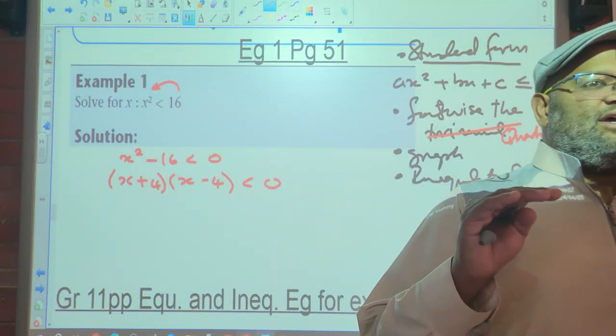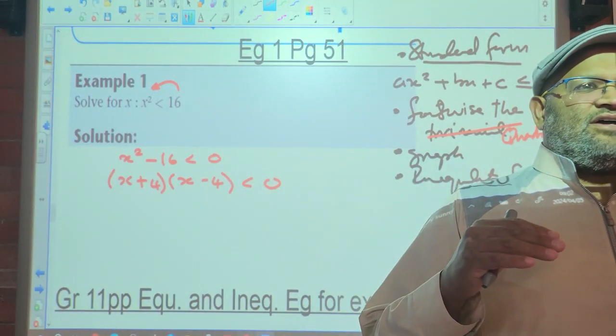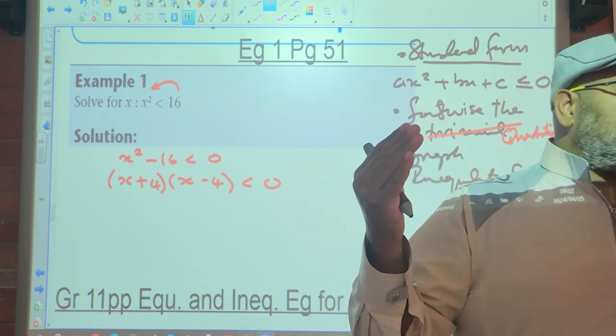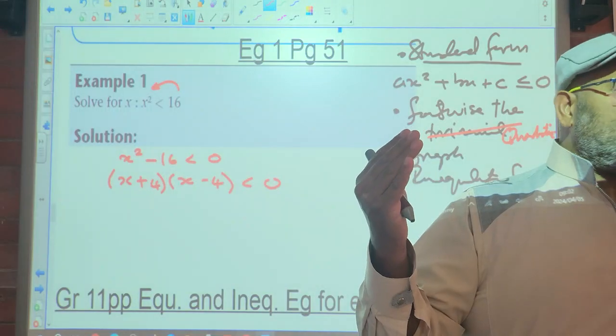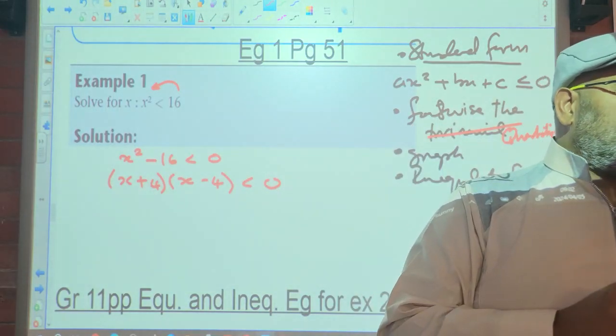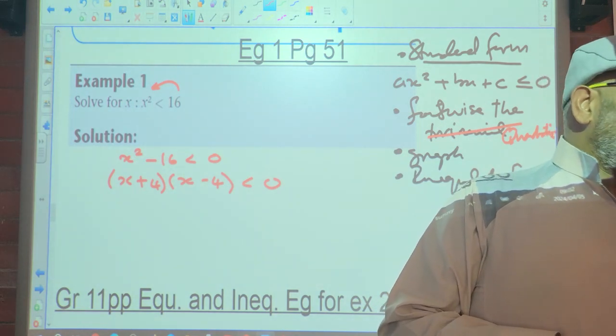Can you see that? If something changes from positive to negative, okay? Or someone is living or dying. There's a stage, say somebody's in hospital.